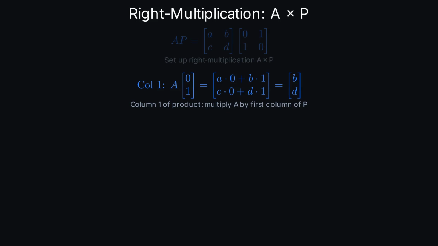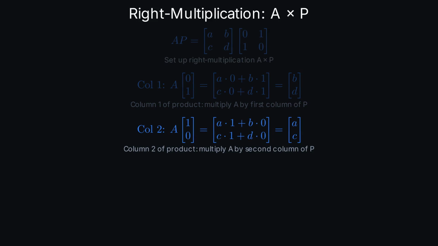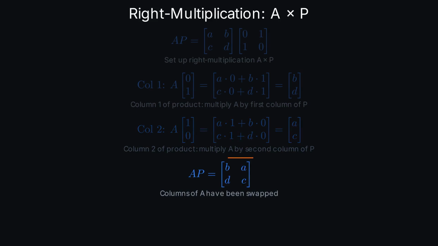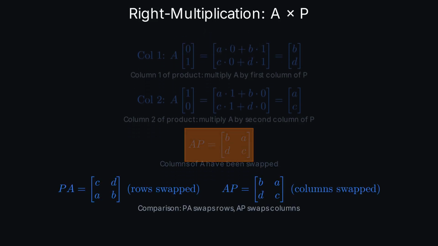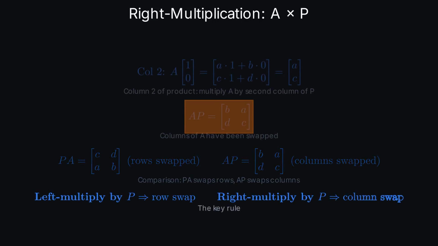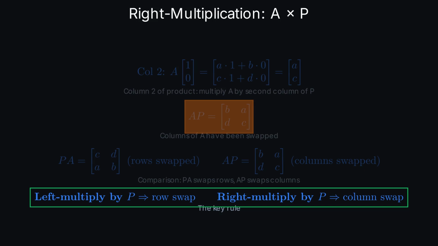The first entry is A times 0 plus B times 1, which equals B. The second entry is C times 0 plus D times 1, which equals D. So column 1 of the product is B, D. Now column 2, A times the vector 1, 0 gives us A, C. So A times P equals the matrix B, A on top, D, C on the bottom. Notice that the columns have swapped, not the rows. Here's the key rule. Left multiplying by P swaps the rows, while right multiplying by P swaps the columns.